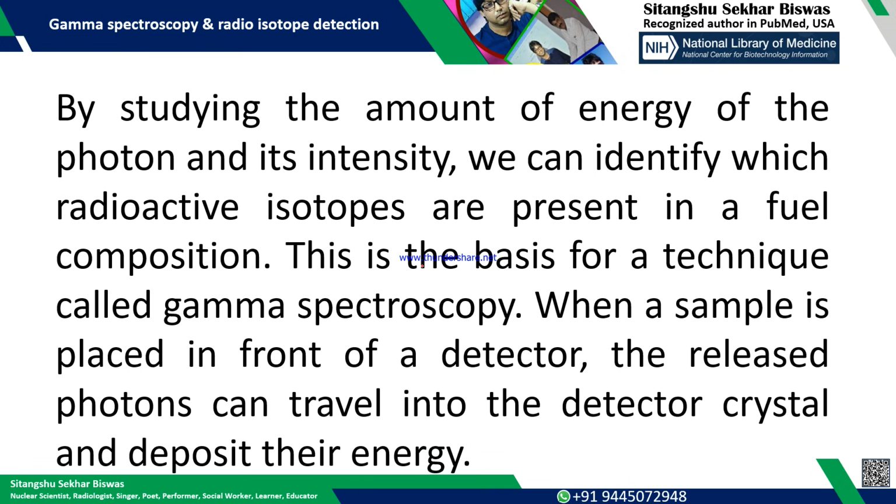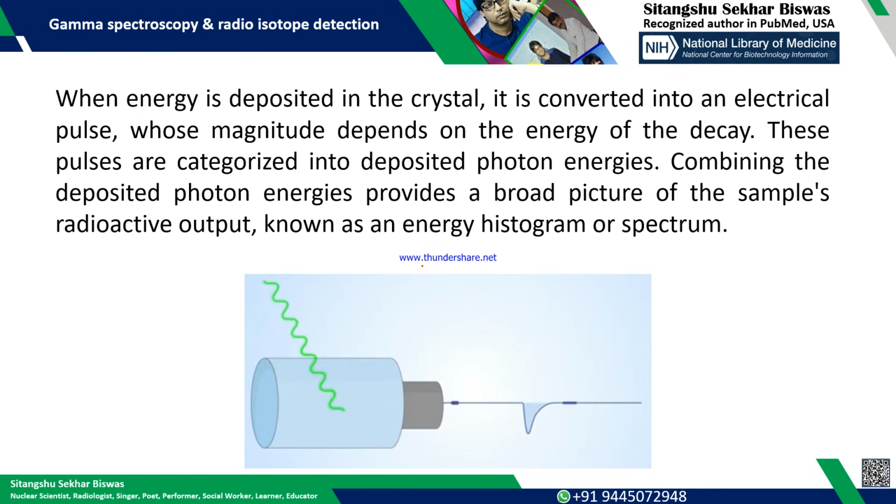I will share one link in the video description on how a basic nuclear detector works and what the types are; if you want to know in detail, you can follow that link. Now say this is the gamma detector, and this is the crystal, and this energy is getting released from that particular unknown sample, whose composition you want to measure.